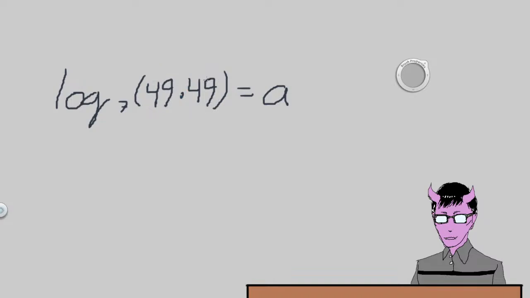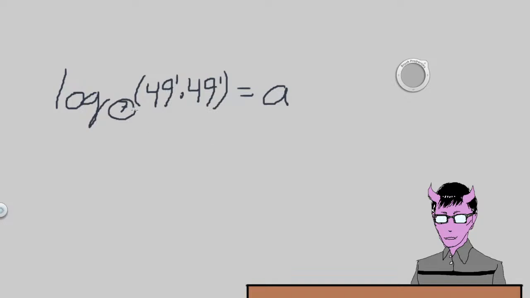Now, it's going to be a waste of time if you actually execute 49 times 49. So rather than do that, I'm just going to acknowledge the invisible ones up at the top, and then we will consolidate those afterwards. But using log rules, 7 is a base. We're going to raise it to the power of a and equate it to 49 times 49.